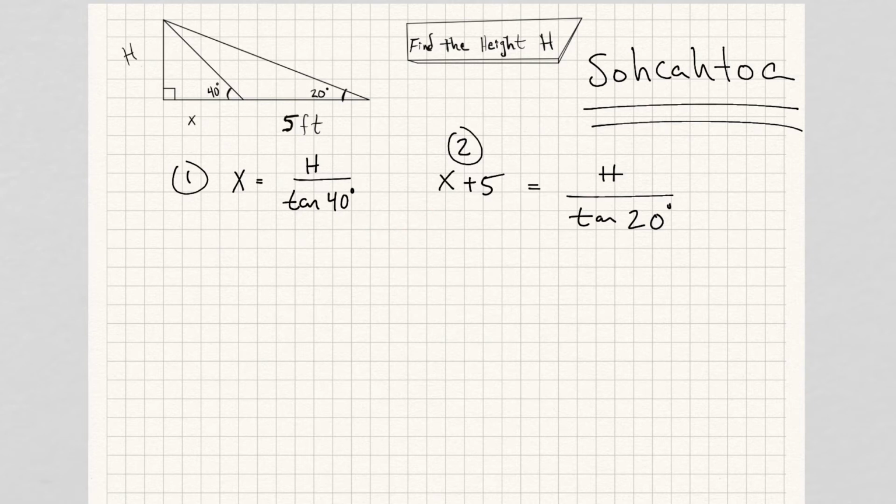What that leaves me with is h over tangent of 40 degrees plus 5 equals h over tangent of 20 degrees. All I'm doing is substituting the first equation in, and this is what we get.